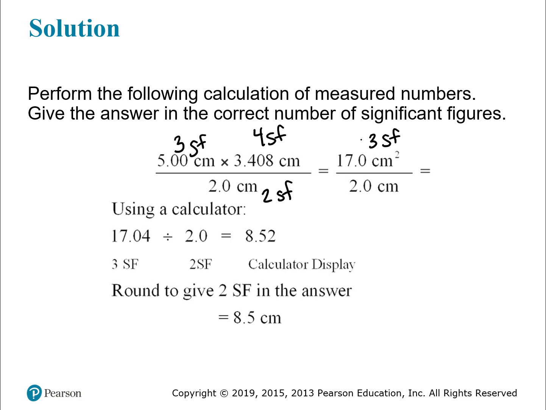When you divide by the 2 centimeters, that's only 2 sig figs here. So our answer has to have 2 significant figures. When you do that, you should be reporting 8.5 centimeters. And make sure that makes sense to you.